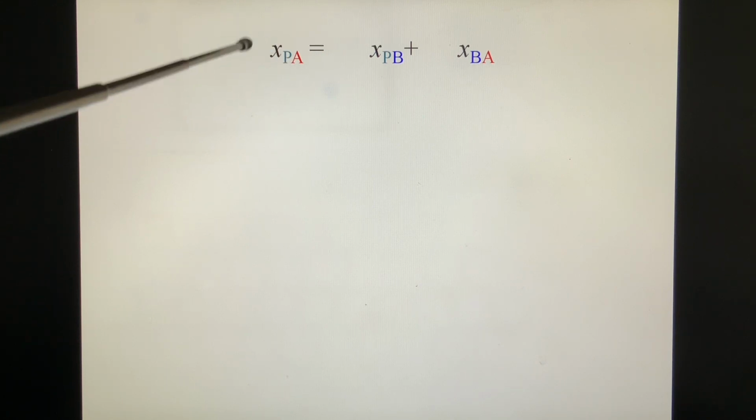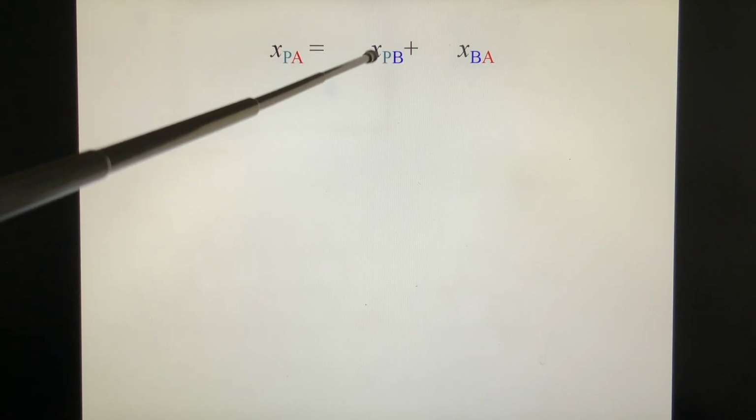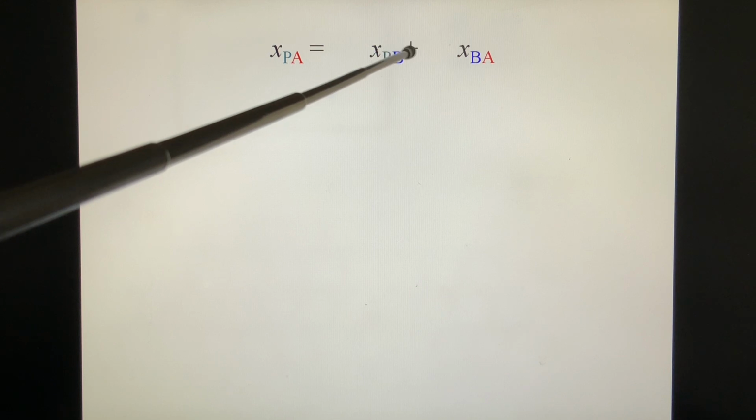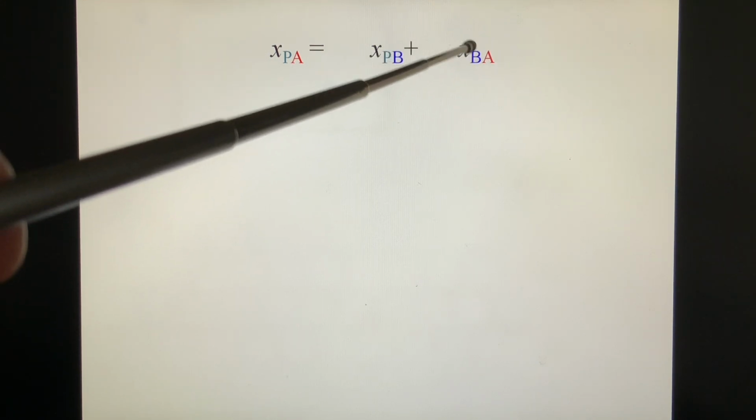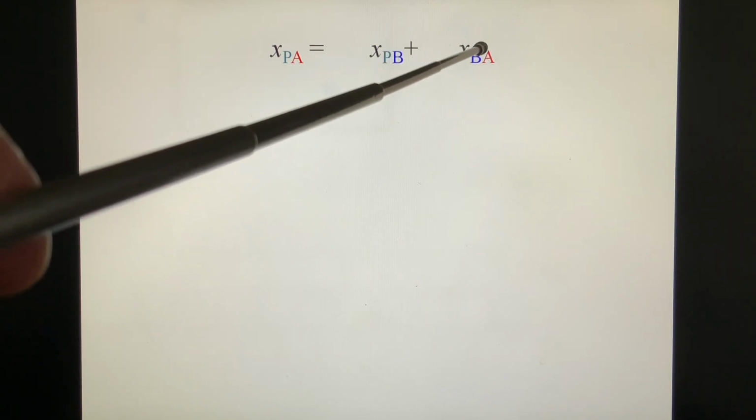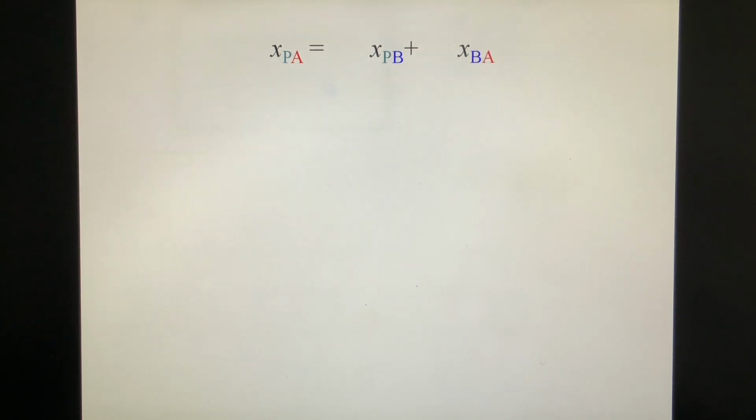The position of P in frame A equals the position of P in frame B plus the origin of frame B in frame A. Let's take the derivative with respect to time t.